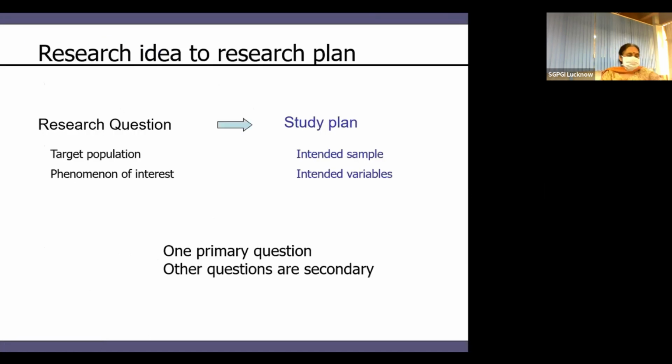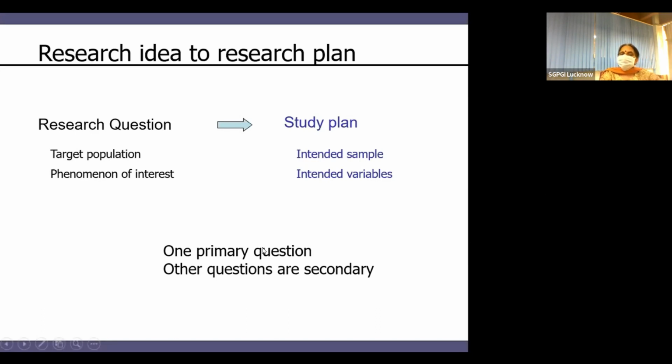Now, once you've thought of a research idea, you have to make it into a research plan. Your research question is for the whole population, but the study obviously cannot be done on a whole population. You will only be using a small sample. So here, your research question is a phenomenon of interest, but you will be using certain variables to measure that phenomenon of interest.